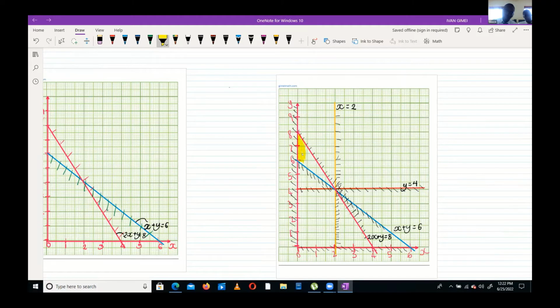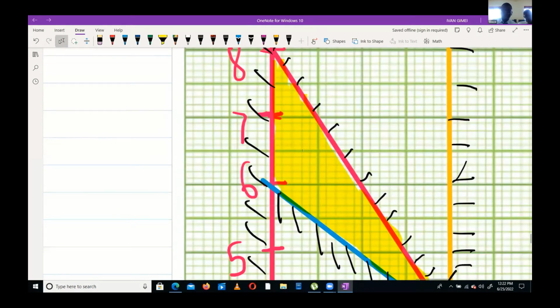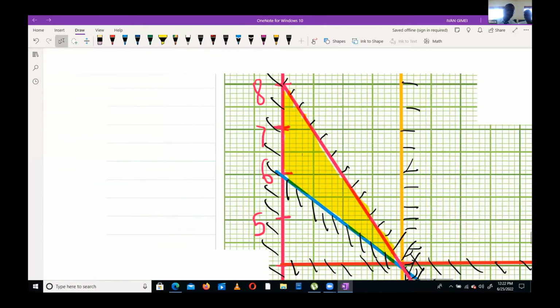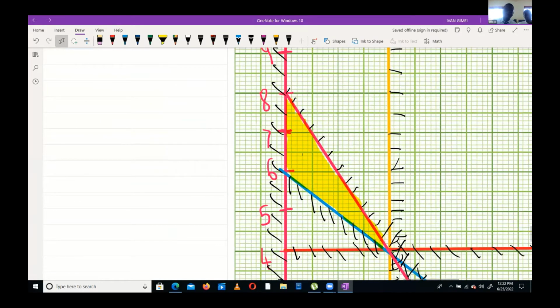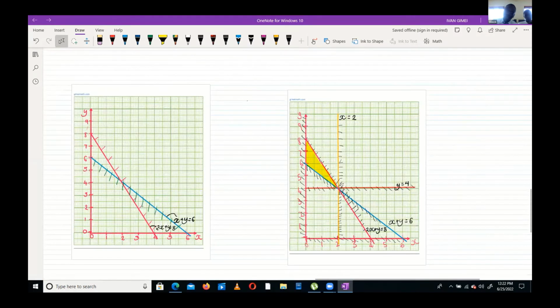It's the one that complies with all the inequalities given. So this is the feasible region, and this is how your graph should look at the end of the plotting. This is the final graph.